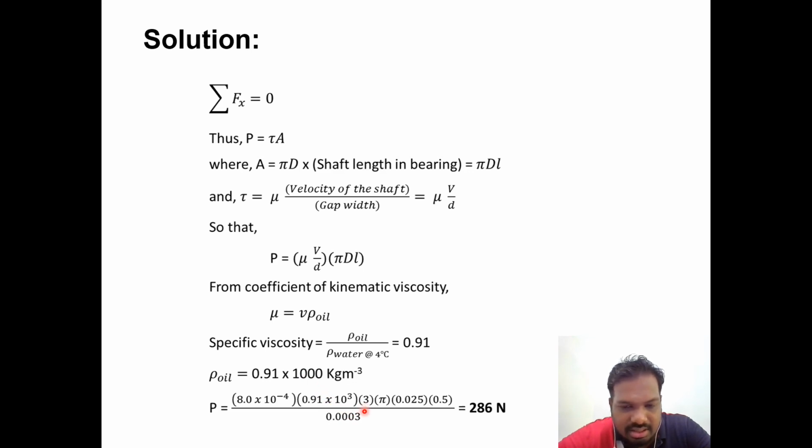Then velocity 3, then pi, d is 0.025 and length is 0.5, divided by the small d, 0.0003. So finally the force is 286 Newton.